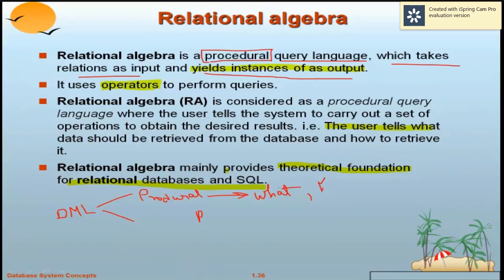Whereas when I speak about non-procedural DML, here I have to mention only what data I need. I just have to focus on what data I need, but I need not mention how to get the data. I'm only bothered about what data is required for me, and the remaining headache will be taken care of by the compiler.